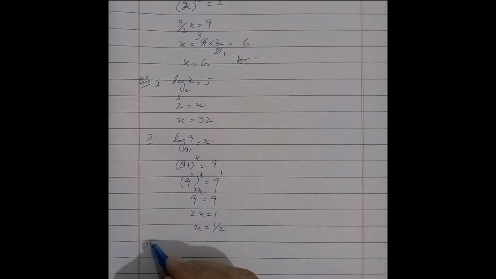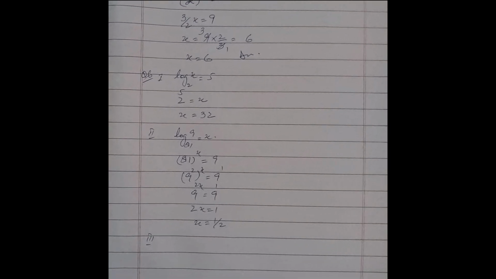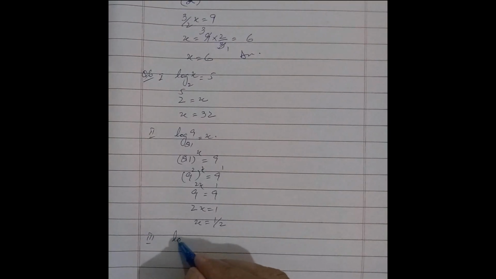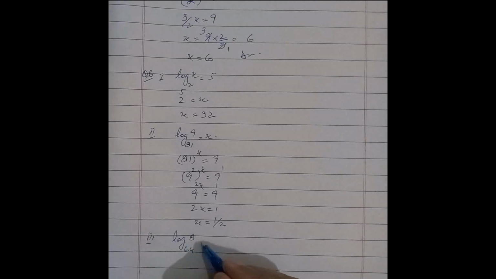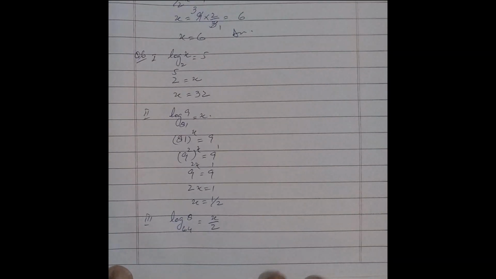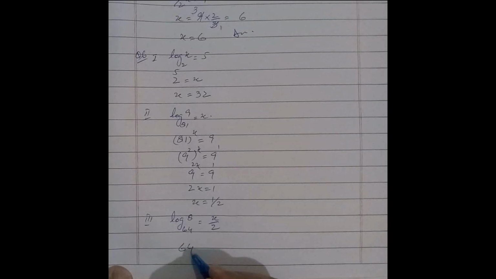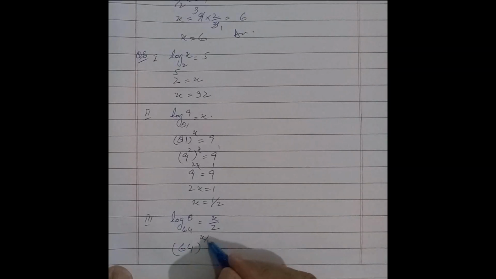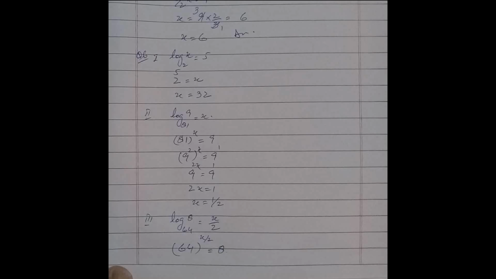And the next is the third part, in which log 8 base 64 is equal to x over 2. In the same way, when we shift to exponent form, it is 64 whole power x over 2 is equal to 8.